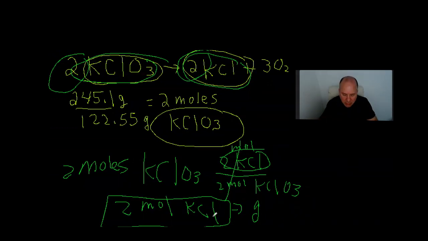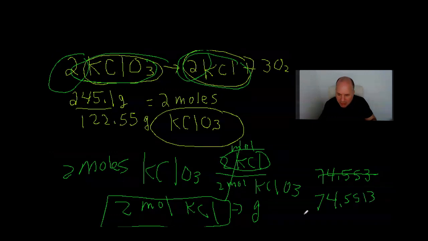The mass of the potassium chloride: you take the mass of potassium plus the mass of chlorine, which gives you 74.5513.